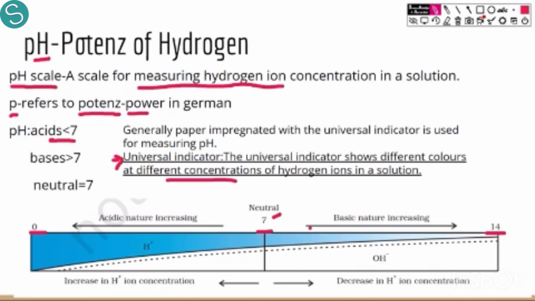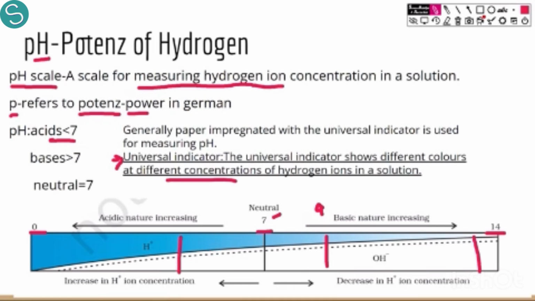As we move towards the right, the basic nature keeps on increasing. If I have a sample A here, which has for example 9 as the pH, and a sample B with 13 or 14 as the pH, the sample B with 13 pH is more basic. So as we move towards right, basicity increases. Similarly, as we move towards the left, the acidic nature increases.